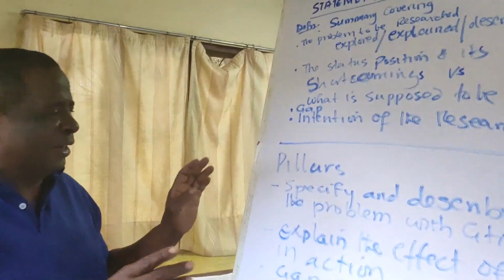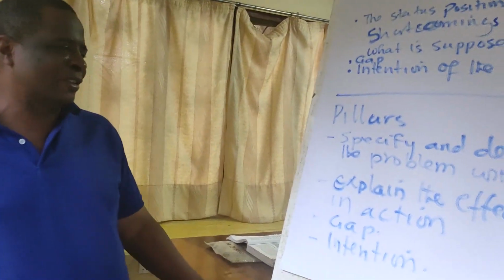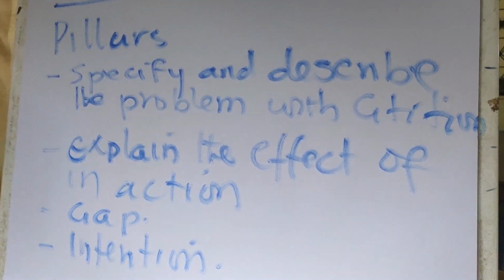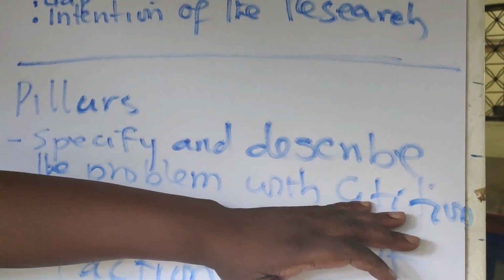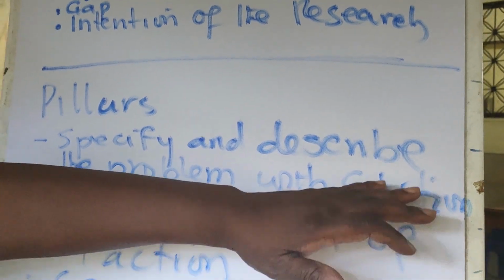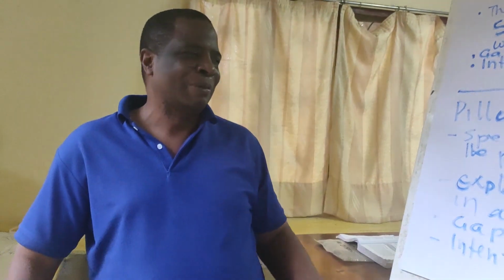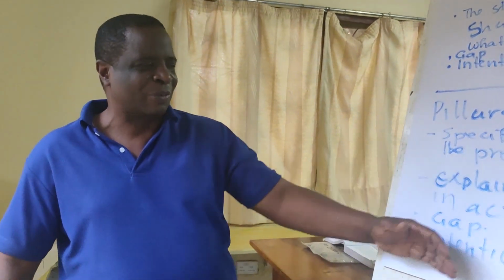Now, in that statement, what should actually be stated in that statement of the problem? You should specify and describe the problem, and your description and specification should be supported with a citation. You cite authorities. Let's say the policy says medical care for the elderly should be free. Okay, but what you have said is also not free because of the reporting of so and so and so and so.